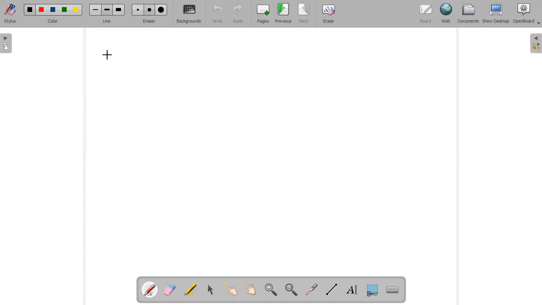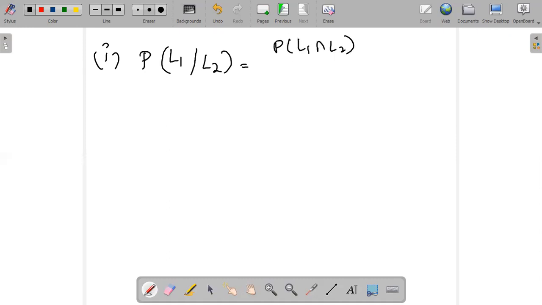Now, the probability of L1: he failed in first language if he had failed in the second one, then L1 given L2. So we know the formula. This is the conditional formula: P of L1 intersection L2 divided by P of L2.